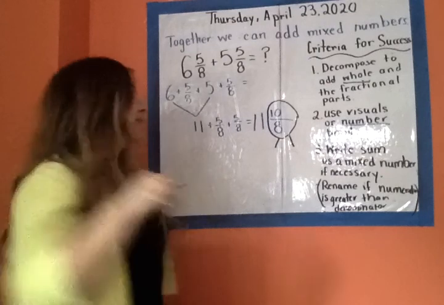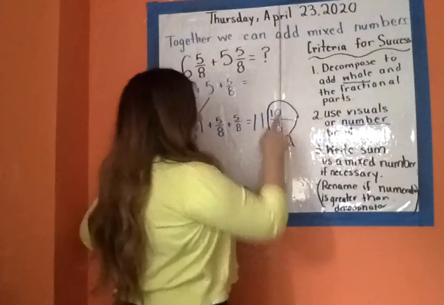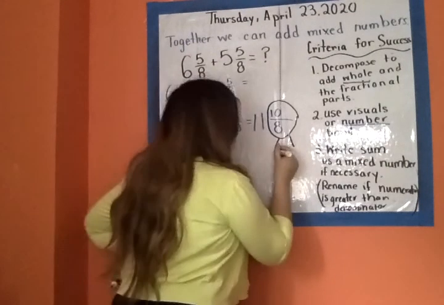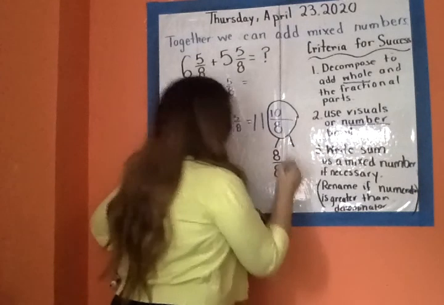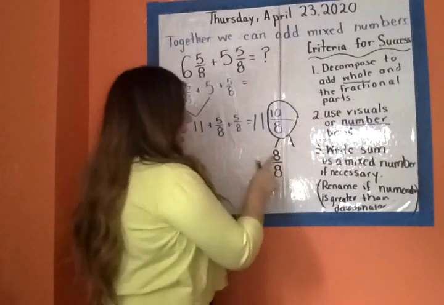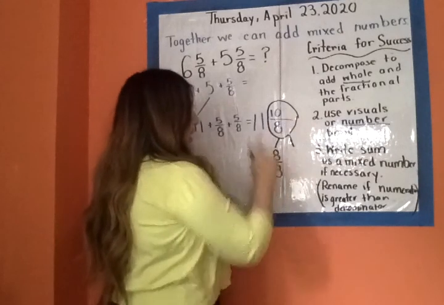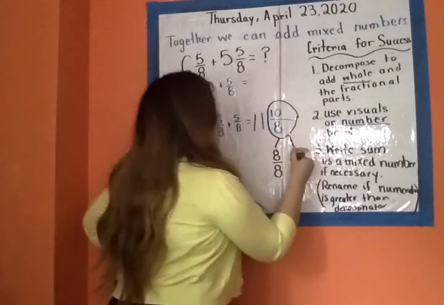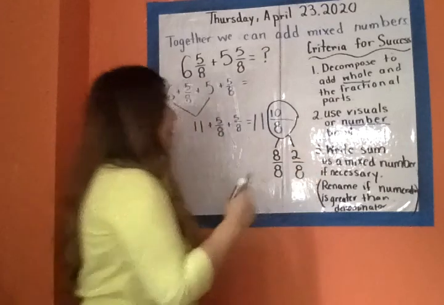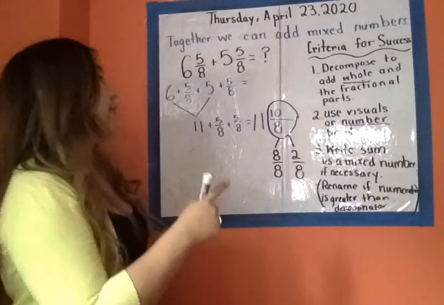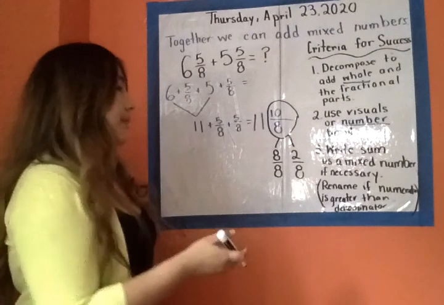Okay, awesome. So we can say 10/8 can be expressed as a whole by rewriting it as 8/8 because that's equivalent to 1. And then I think to myself, 8/8 plus what will give me 10/8? 2/8. And so this allows me to rename my fraction as a true mixed number.